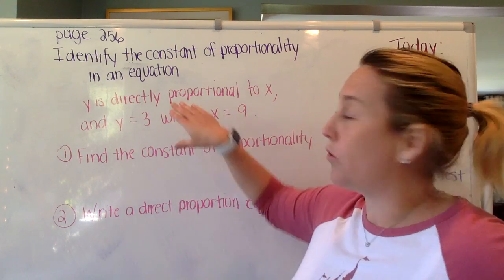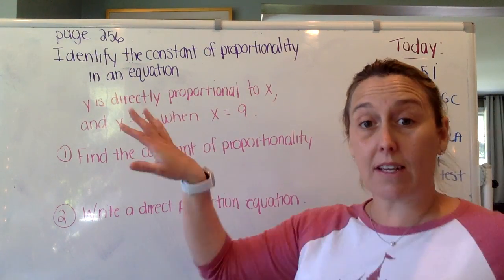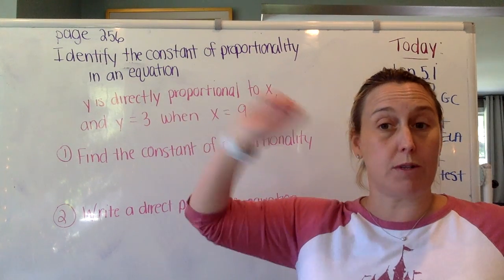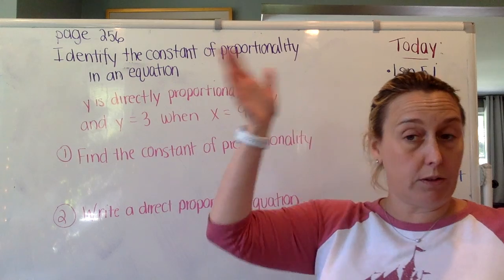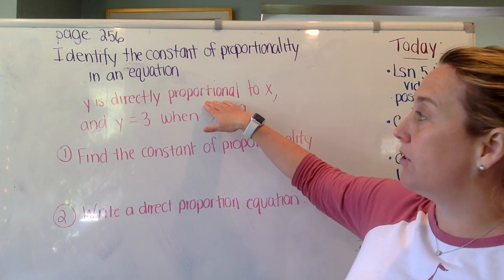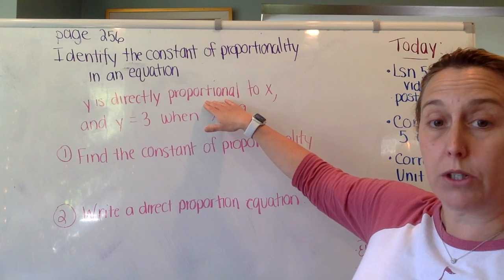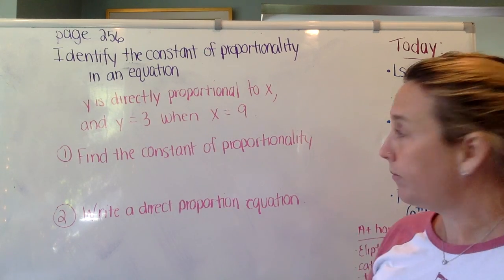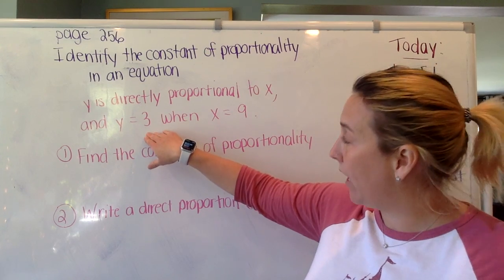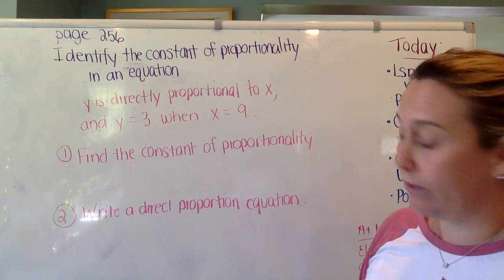So y is directly proportional to x. In this case, they're telling you, so you don't have to do any of the things that I've shown you in terms of identifying that they have equivalent ratios, the x and the y, in a table. They're telling you y is directly proportional to x. So that is a given. And y equals 3 when x equals 9.